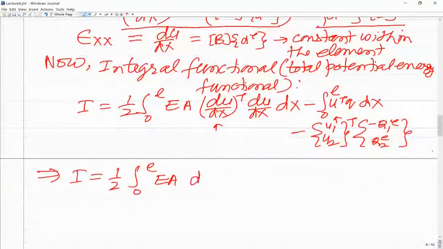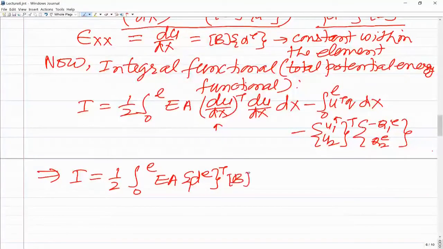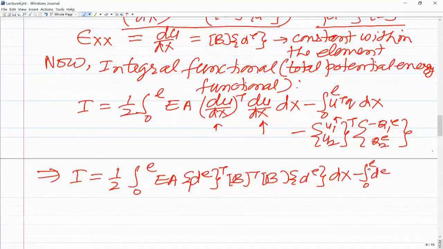So we have du by dx transpose as d transpose into b transpose, and then again we have du by dx, which is basically b into d, dx, the integral, and then minus integral 0 to L, and then u transpose. Similarly, u transpose will be d transpose into h transpose into q dx.